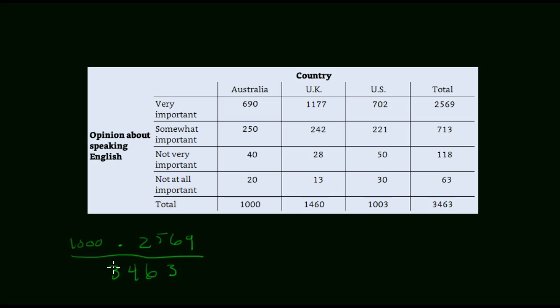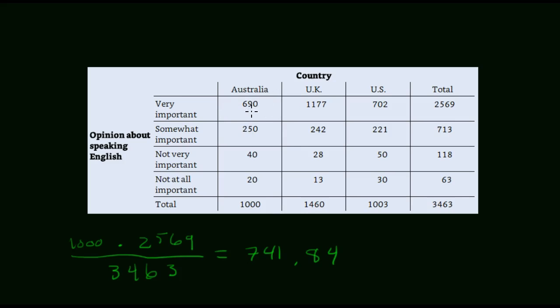Off screen here, I'm going to do a little bit of mathing: 1,000 times 2,569, and then divide that result by 3,463, and the expected value there should be 741.84-ish. So what I would expect to have in this box is 741.84 people.